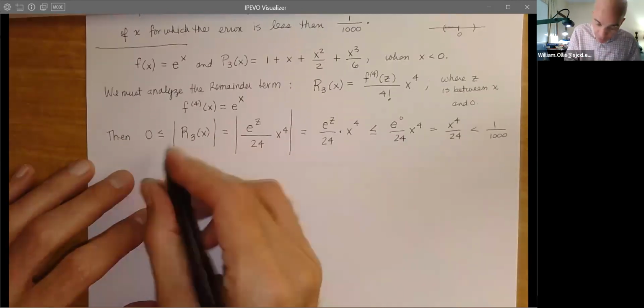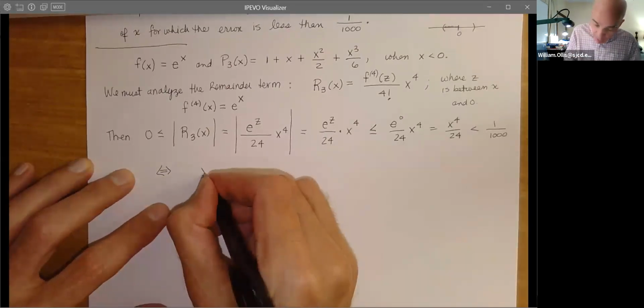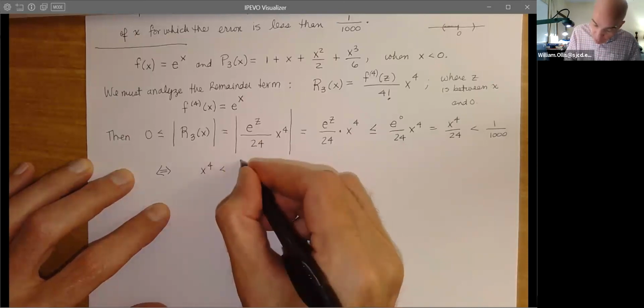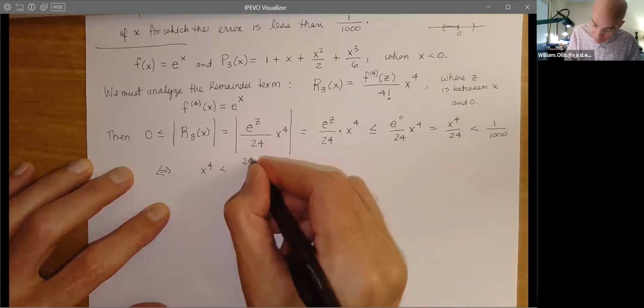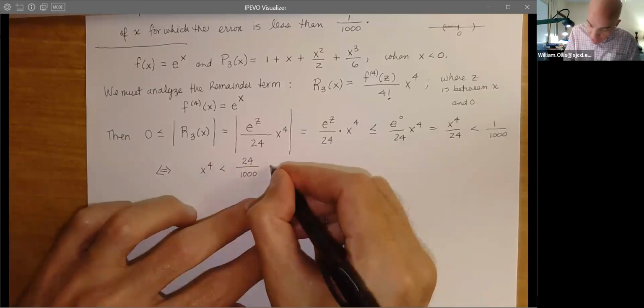So now, equivalently, we've got an easy problem. So we've got x to the 4th is less than 24 over 1,000. So let's see what we get here.